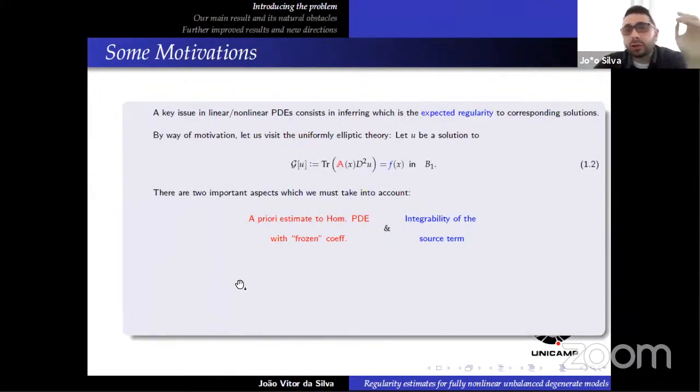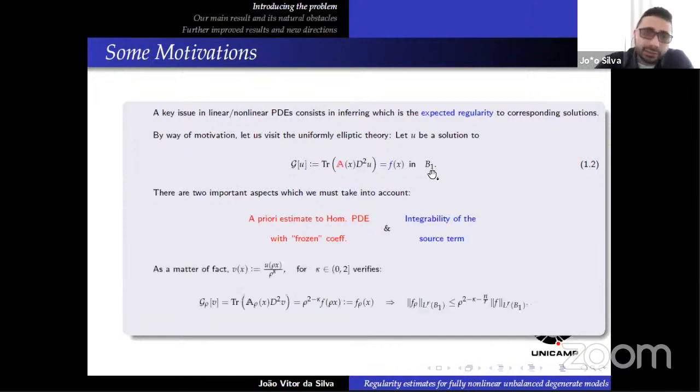The first one concerns the a priori estimates for the homogeneous problem with frozen coefficients. Because when you invoke a perturbative theory, we must compare our solutions with the solutions of the homogeneous problem with frozen coefficients. And another key piece of information is the integrability of the right-hand side.